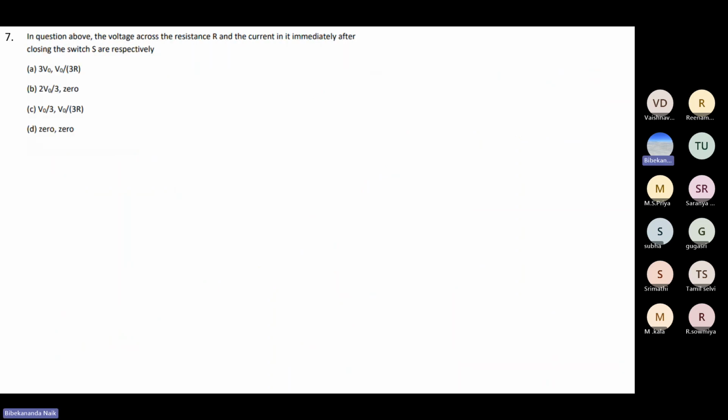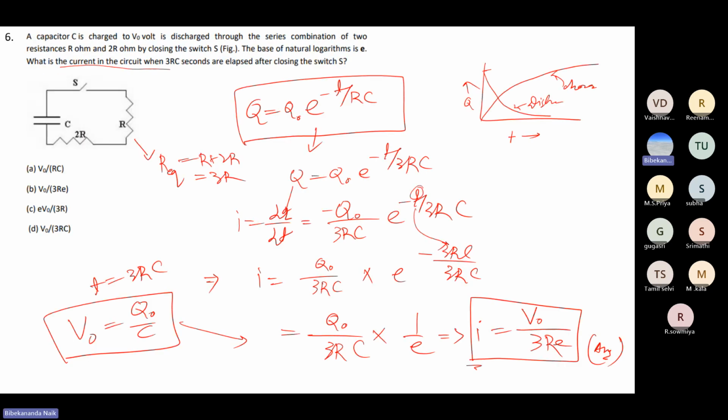Then the next question. The question says: in the above question, the voltage across the resistance and the current in it immediately after closing the switch are, respectively, what? The case is similar.